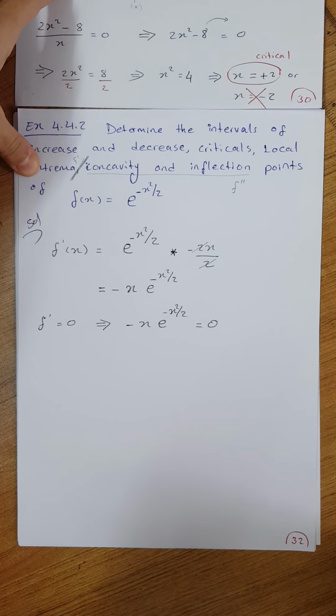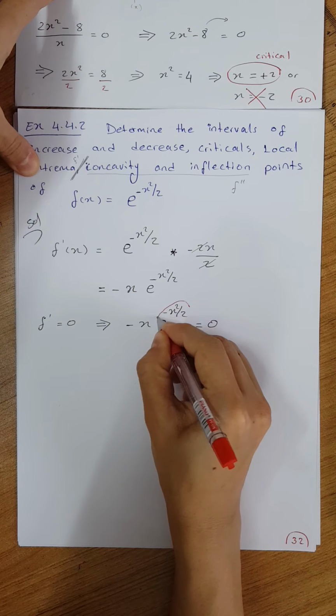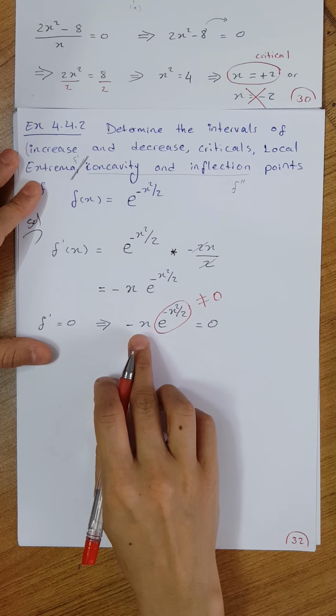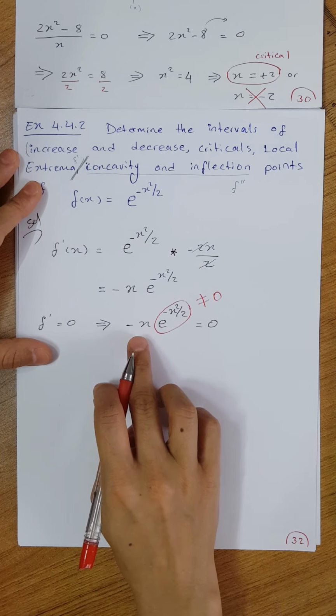If you remember when we were studying exponential functions, I know that exponential functions are never 0, okay? This is never 0. Why am I considering that case? Because I have got the multiplication of this one with that one. So either this one is equal to 0 or that one is equal to 0, okay?